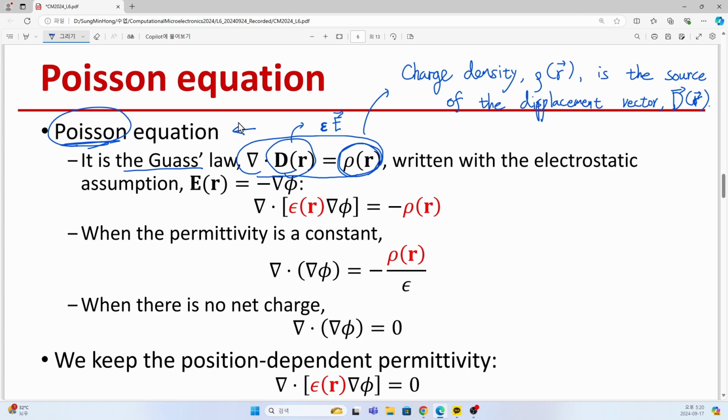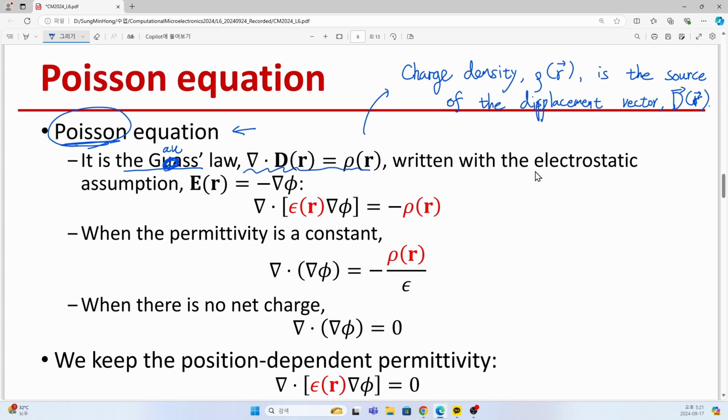Okay, so I made a mistake. Anyway, simply speaking, when we have a net charge, it will generate the electric field that is described by the Gauss law. So this is the form frequently used in our textbook.